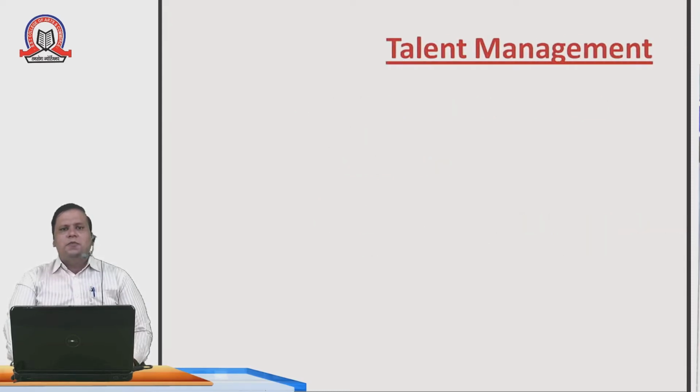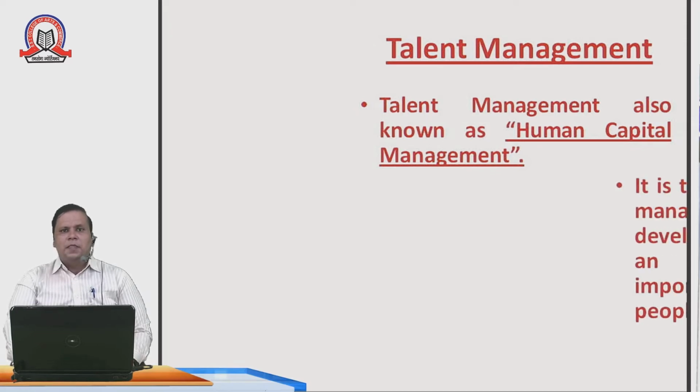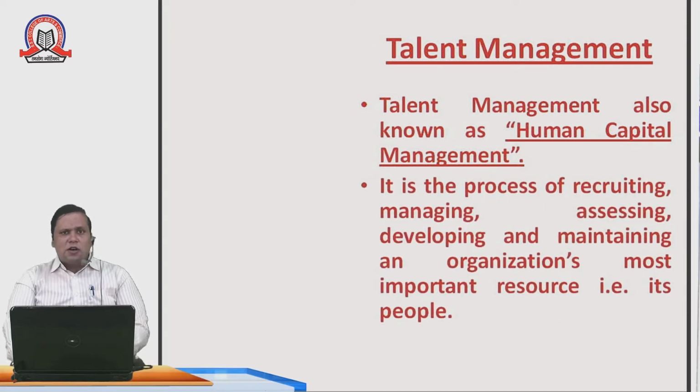Let us see the definition of talent. Talent management is also known as human capital management, because human resource or human interface is there with the company. It is the process of recruiting, managing, assessing, developing and maintaining the organization's important resource, which is people.